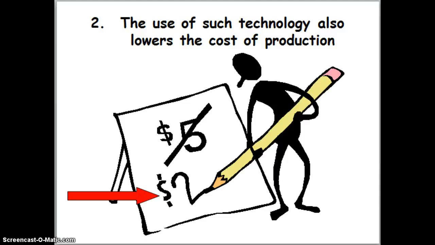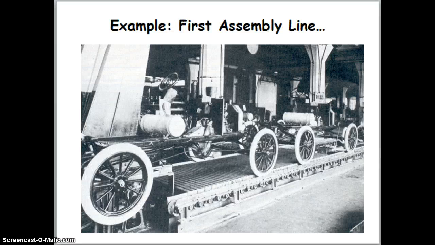The cost of using technology has also lowered the cost of production. And you've learned a lot about this in U.S. history. By using new robots and new machinery, we are actually able to make things less expensive. For example, our first assembly line looked something like this, where we had a conveyor belt, but people were standing along the side of the assembly line.